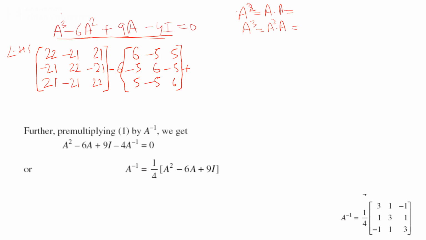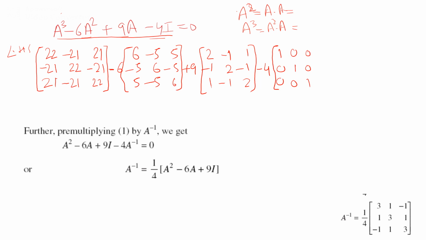Then plus 9 times the matrix A, which is 2, minus 1, 1, minus 1, 2, minus 1, 1, minus 1, 2. Then minus 4 times the identity matrix of order 3, because we have a matrix of order 3: 1, 0, 0, 0, 1, 0, 0, 0, 1.